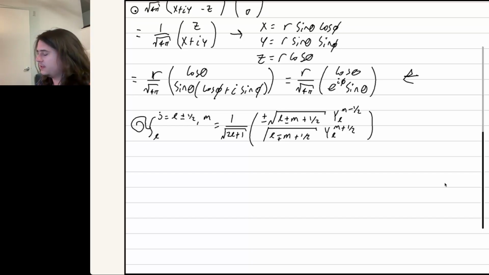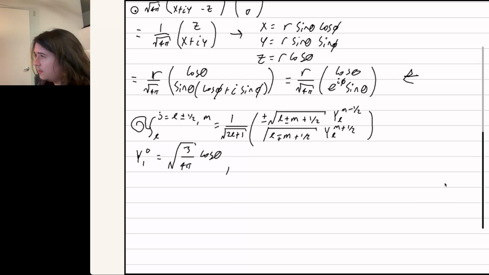Which spherical harmonic looks like cosine theta? I'm looking at Y10, which is given by the square root of 3 over pi times cosine theta.